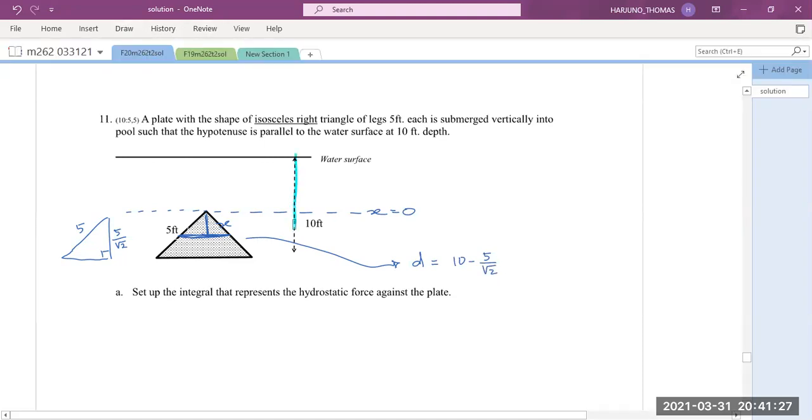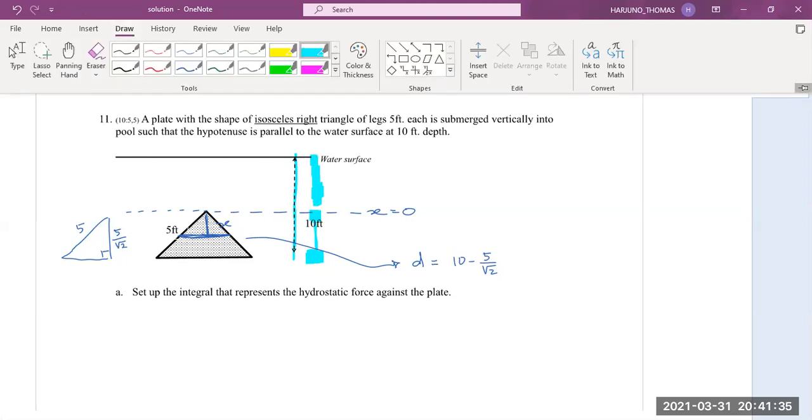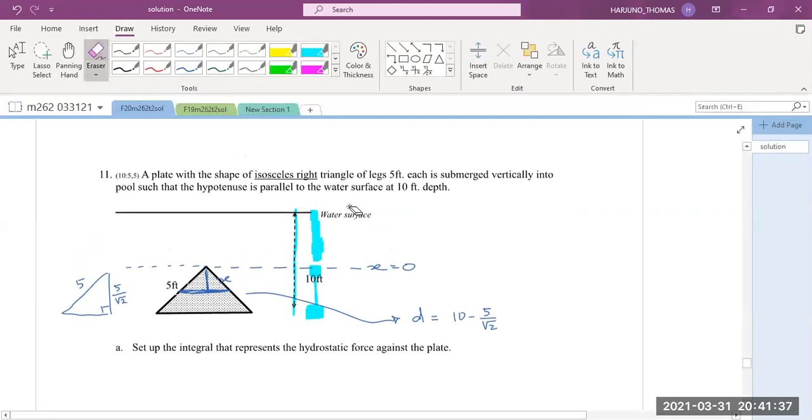So 10 minus 5 over radical 2 gives me this part. So the depth will be that plus x, right? Okay, but if this is x, this will be 2x. Agree? The width is 2x.